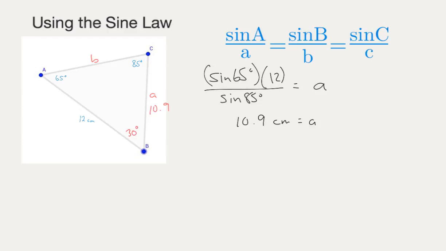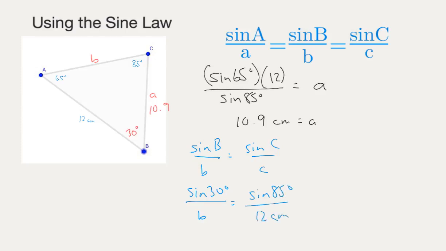So I'm going to set up the fact that sine B over B equals sine C over C. I will fill in that sine of 30 over B, which I'm looking for, equals sine of 85 degrees over 12 centimeters.